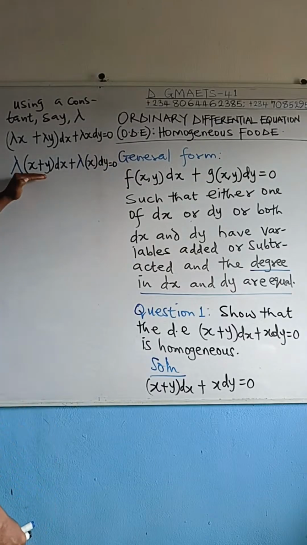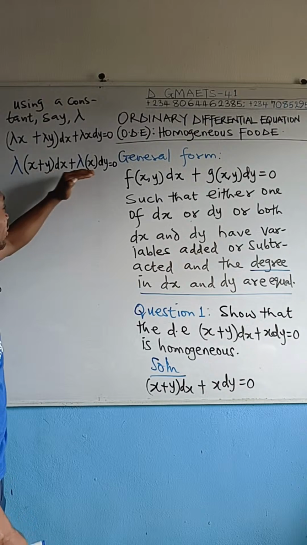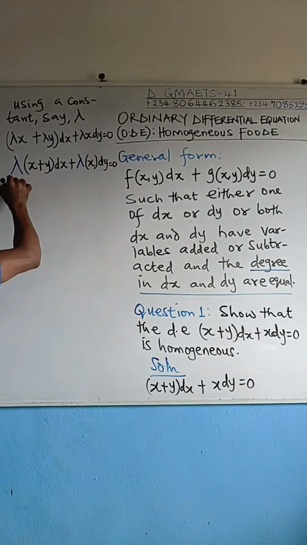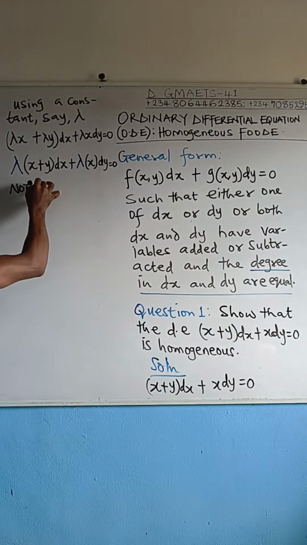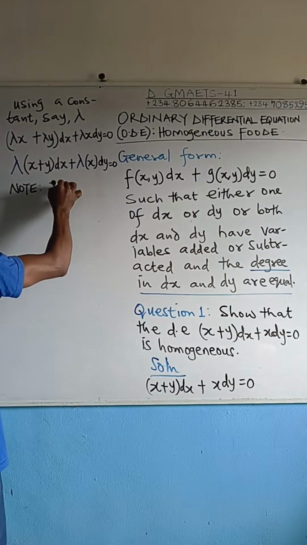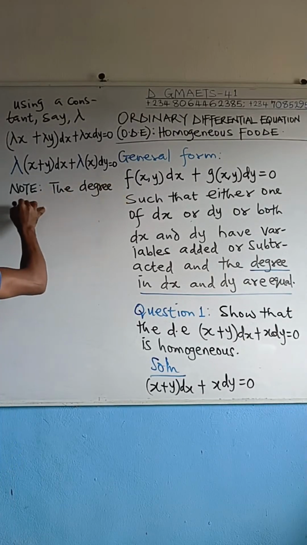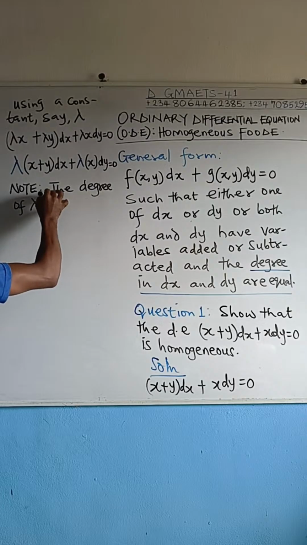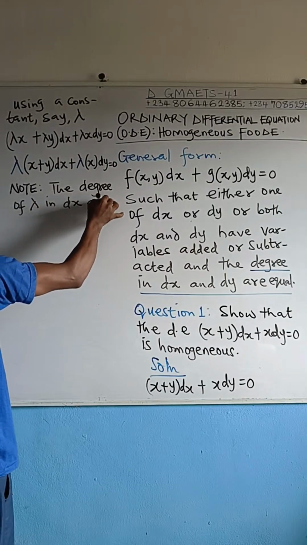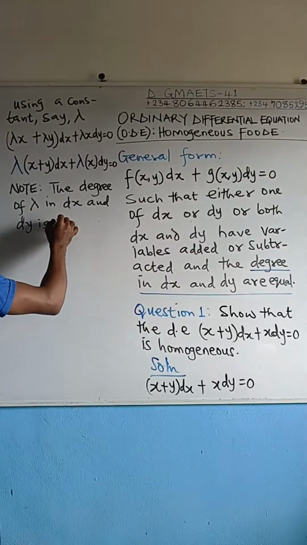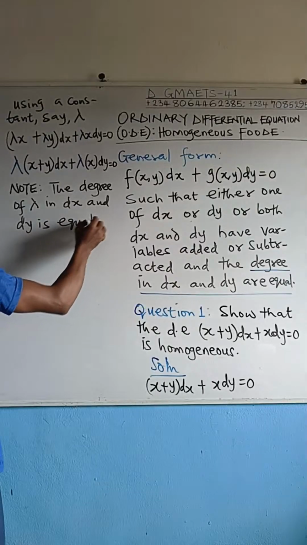Now observe the lambda we have in the dx part. Observe the lambda we have in the dy part. Notice that the degree of lambda, that constant in dx and dy, is equal, which is 1.